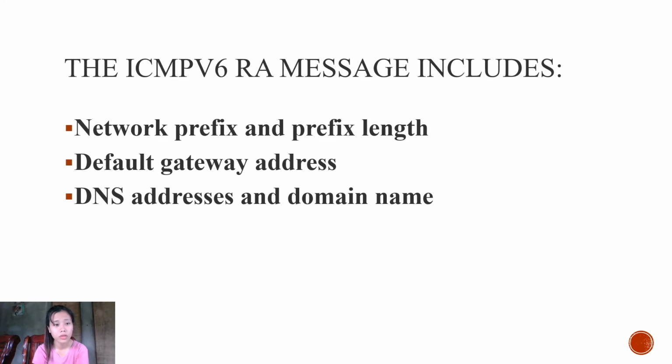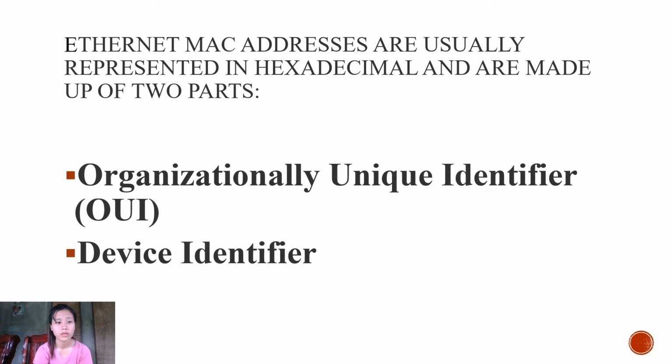The ICMPv6 RA message includes the network prefix and prefix length, default gateway address, and DNS addresses and domain name. Ethernet MAC addresses are usually represented in hexadecimal and are made up of two parts, the organizational unique identifier, or OUI, and the device identifier.